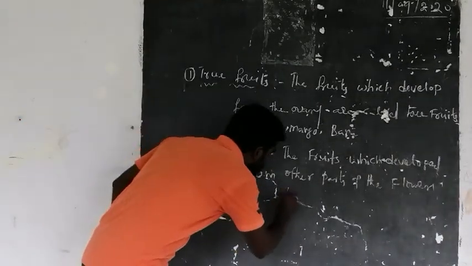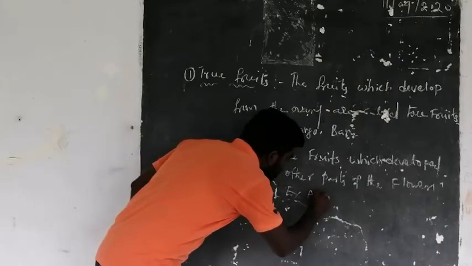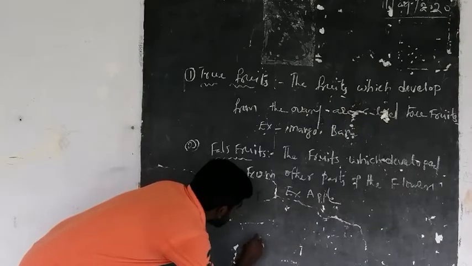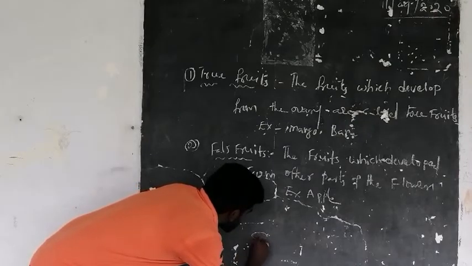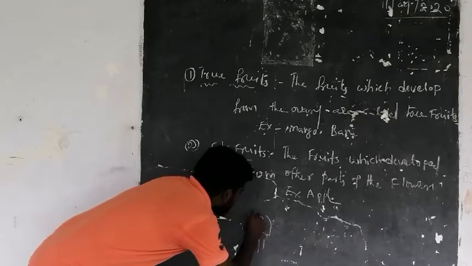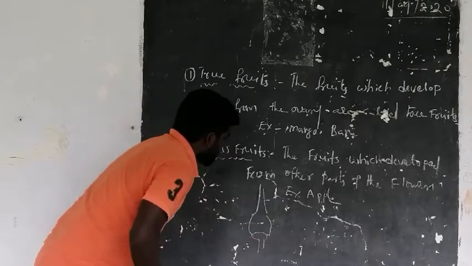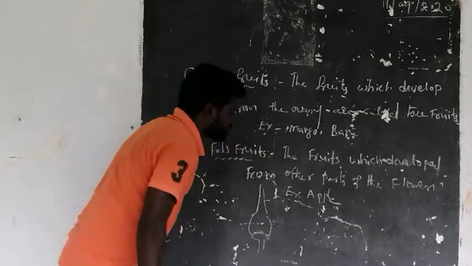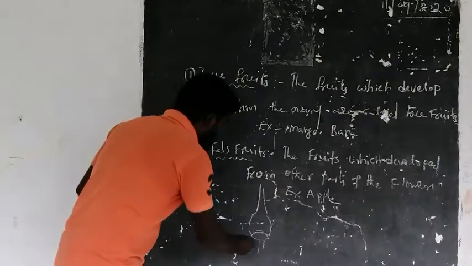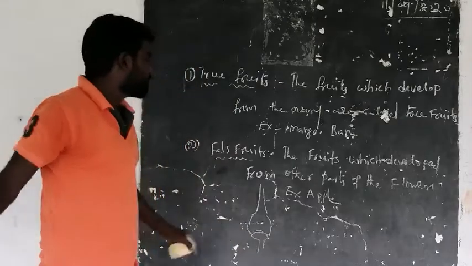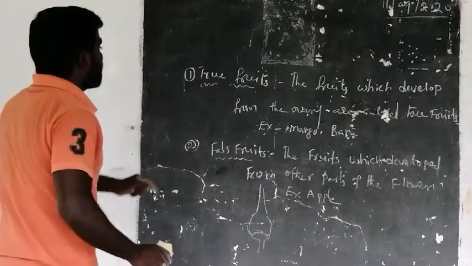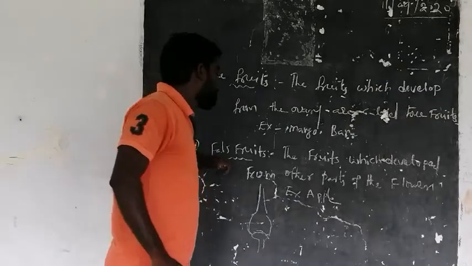Example, apple. Other parts of the flower means, for example, this is the ovary and this is the thalamus, the base of the ovary. A bulged portion is present called the thalamus, and when this thalamus becomes fruit, those are called false fruits.